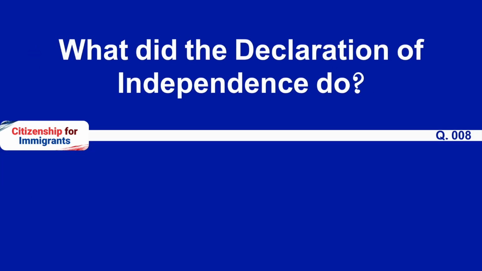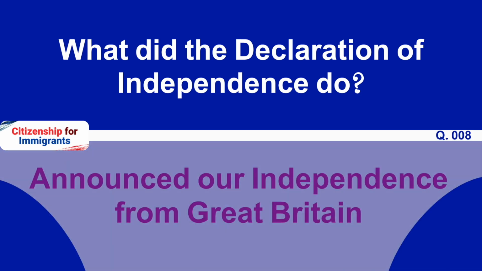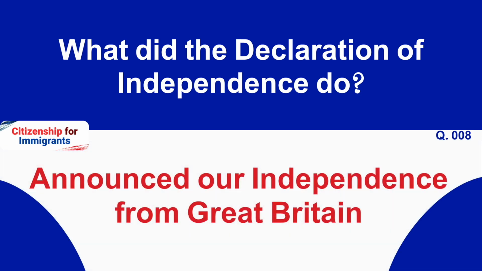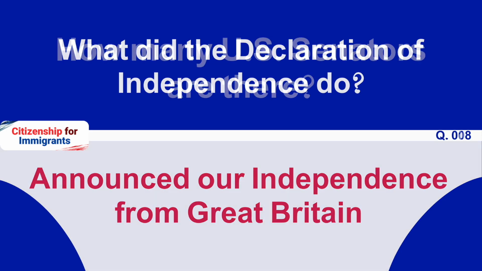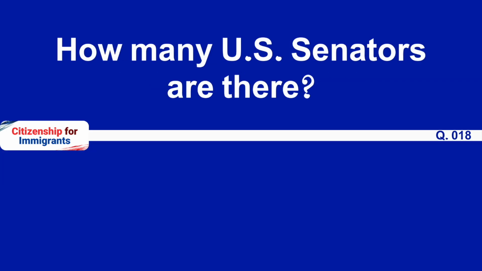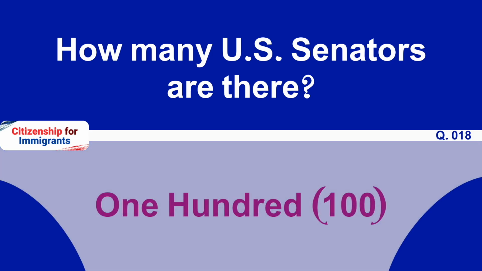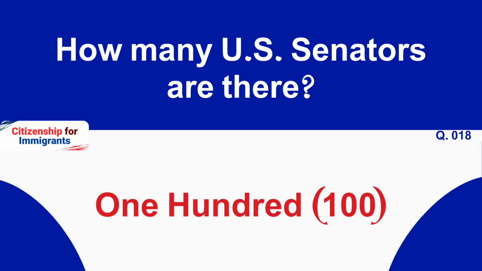What did the Declaration of Independence do? Announced our independence from Great Britain. How many U.S. senators are there? 100.